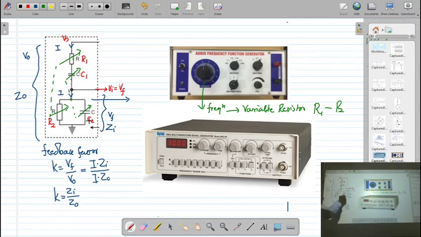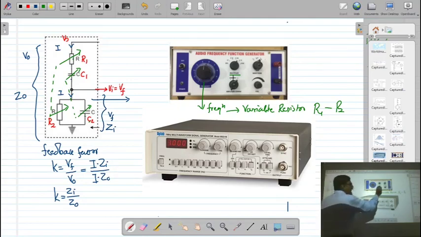Then what are the capacitors C1 and C2? Here the multiplier is written. Multiplier written means if you want to generate a frequency between 200 Hz to 2 kilohertz, then you can change this potentiometer. Now above 2 kilohertz to 20 kilohertz, if you want to change, then the capacitor is going to be changed.